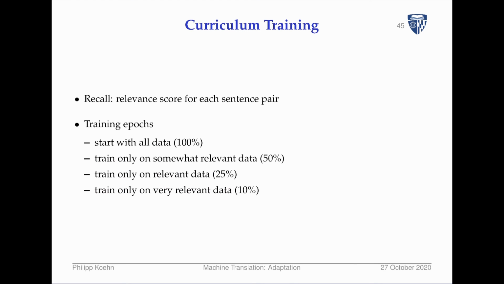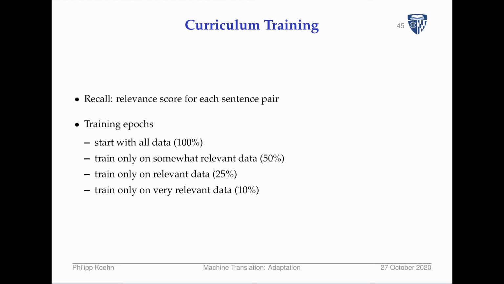Finally, let's wrap up with a quick look at curriculum training, another method we will visit again in the future. We basically have the following problem: we have in-domain data and out-of-domain data, and we originally said we're going to do fine-tuning, which seems to indicate two stages. We already have the problem of how many epochs to train at each stage, but we can make it even more complicated.